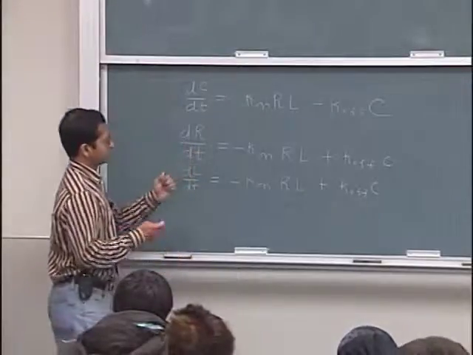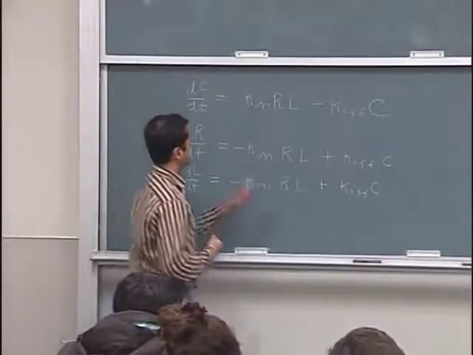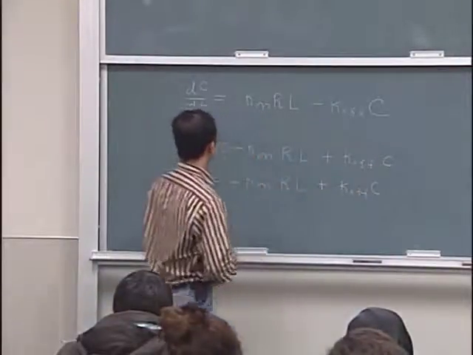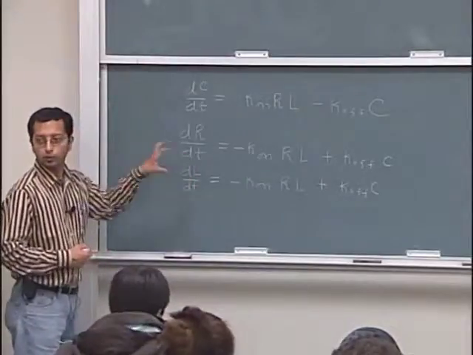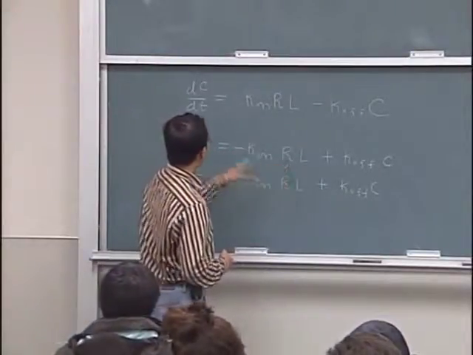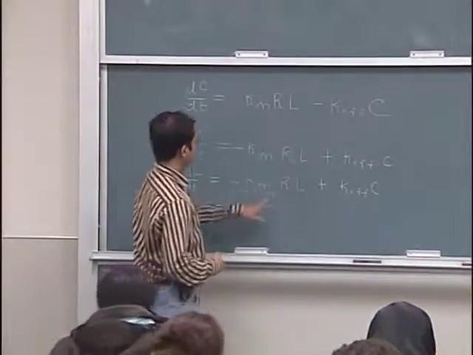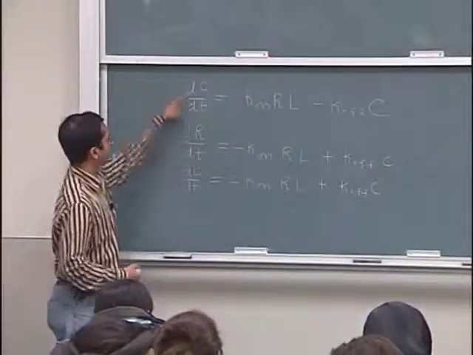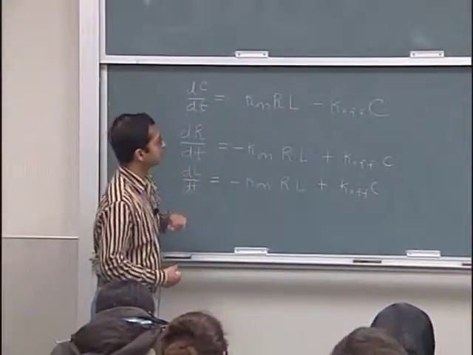If you take one molecule of R and one molecule of L and create a molecule of C, then you are losing R and L. So when you are creating the complex, you are losing free R and free L. So you have two negative terms here, and you are creating the complex, so you have a positive term there.